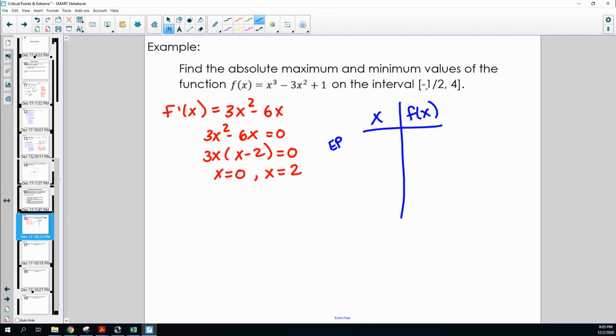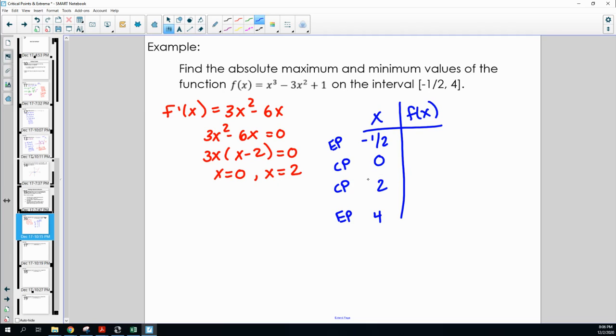My farthest left endpoint is -0.5 because that's my interval. And then my furthest right endpoint is 4. Then I have these 2 critical points in the middle, so I put them in numerical order: 0, CP for critical point, and 2, CP for critical point. Okay, so I have my endpoints and my critical points.